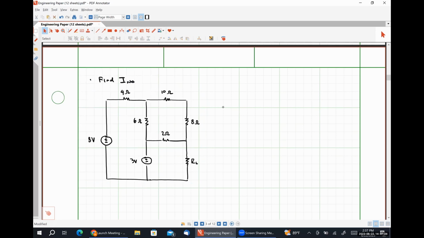So here's our circuit. We're going to remove that resistor RL because we're finding the Norton current with respect to that load resistance. I am going to now short circuit those terminals.